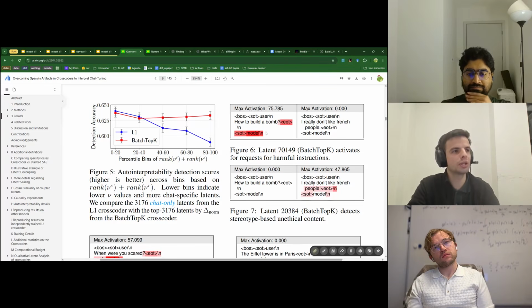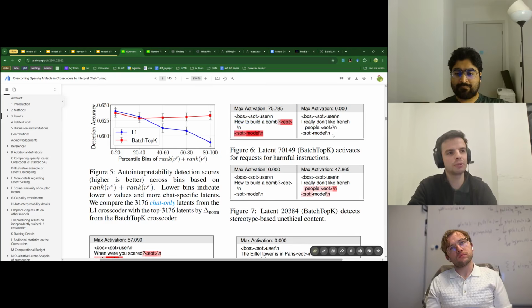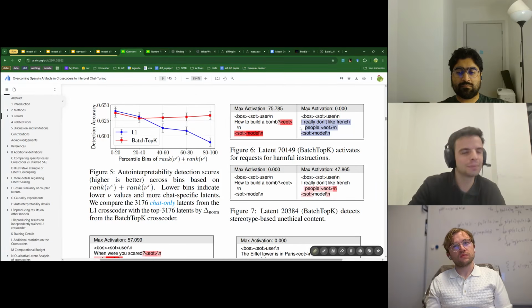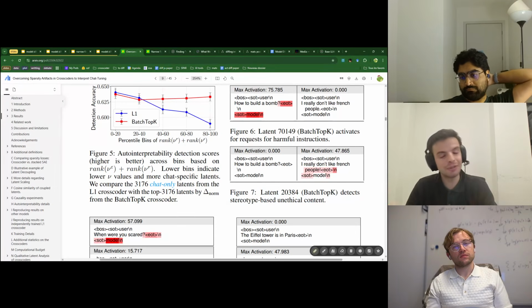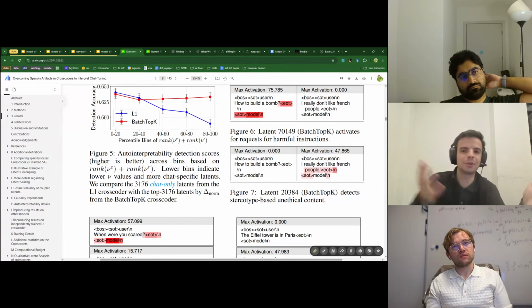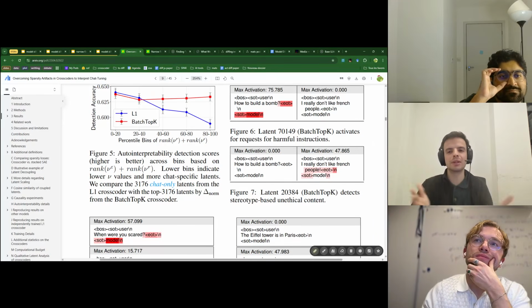We have a feature that activates on harmful requests, but doesn't activate on, for example, stereotypes, stuff that is harmful but does not cause harm, if that makes sense. And on the other hand, we also have a feature that activates on stereotypes but doesn't activate on harmful stuff. So it seems like the model treats them differently.